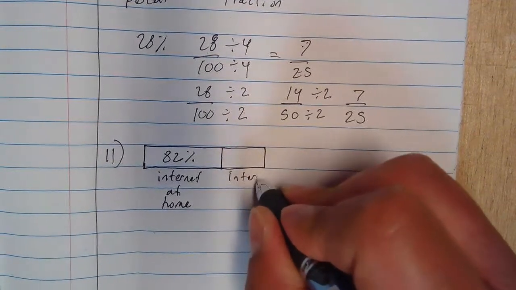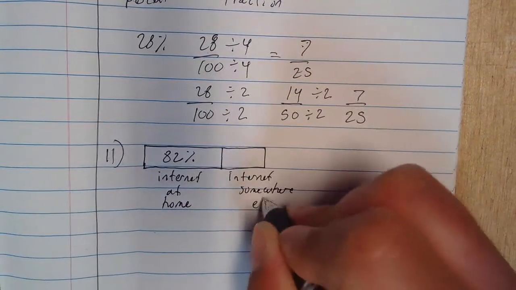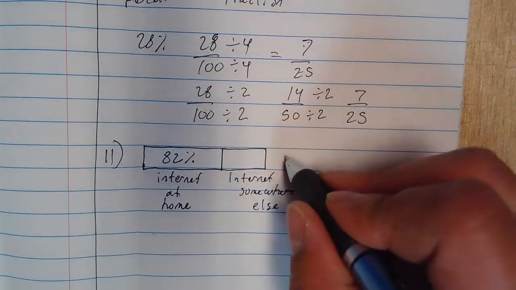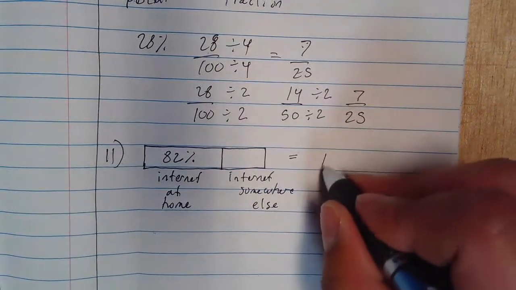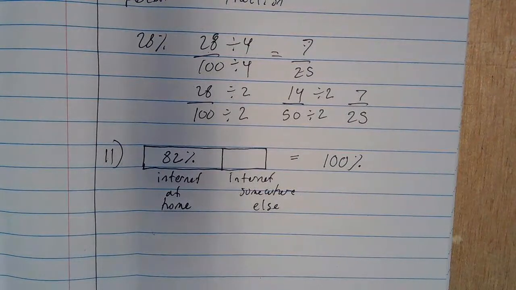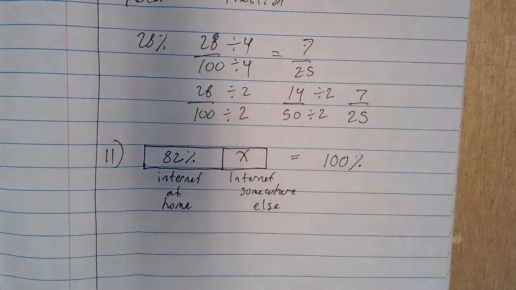Internet somewhere else. All right. Here's the situation. When you have 100%, that means you have the whole thing. Okay? So what do you need to add here to get 100%?